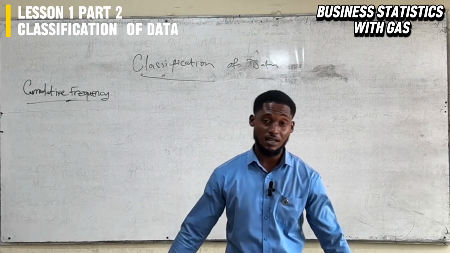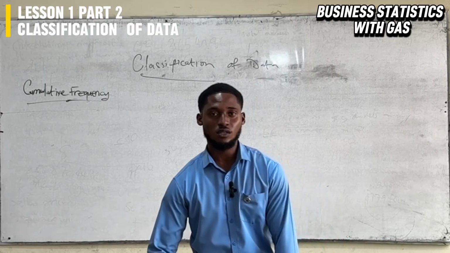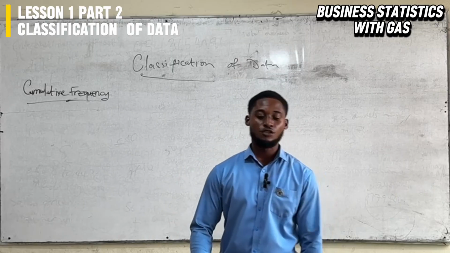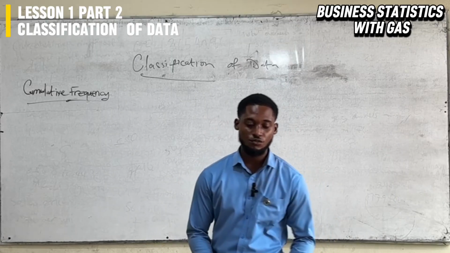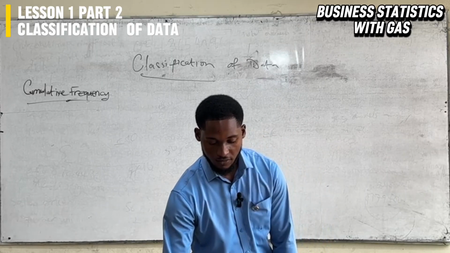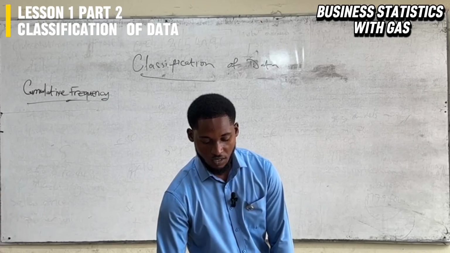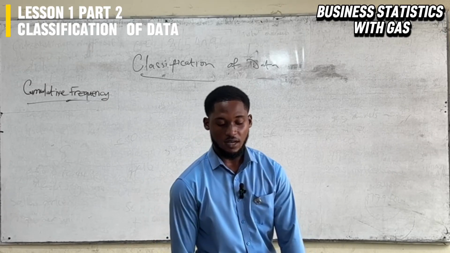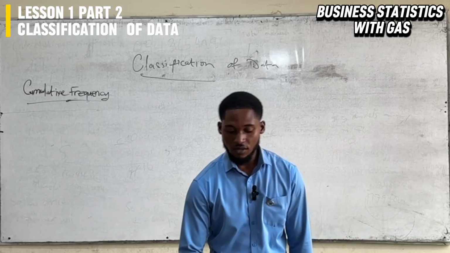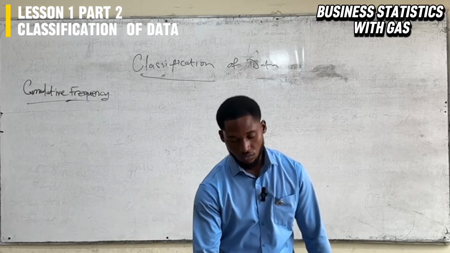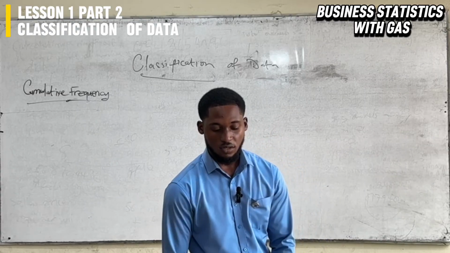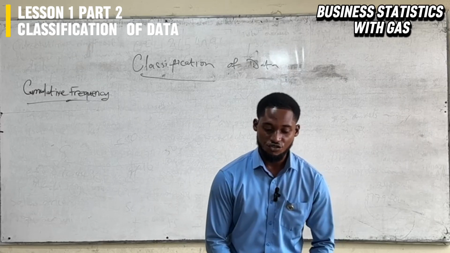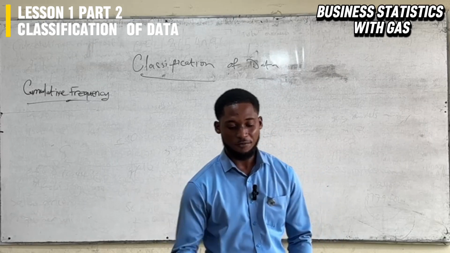So there's an example here that's going to help us understand what we are talking about. Draw the OGIVEs for the following distribution of marks obtained. As we said, the cumulative frequency curve is also known as the OGIVE. So it says draw the OGIVEs for the following distribution of marks obtained by 59 students.